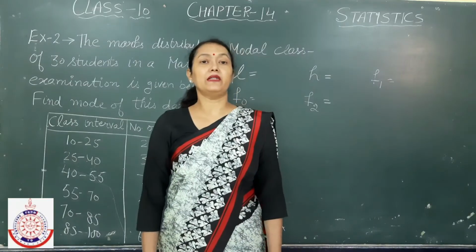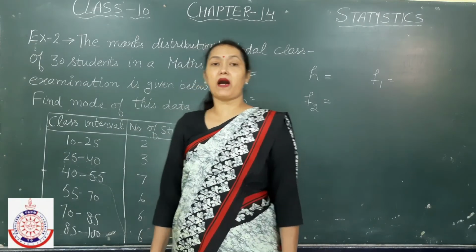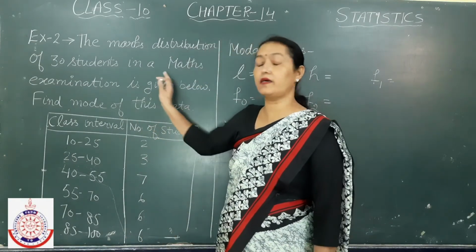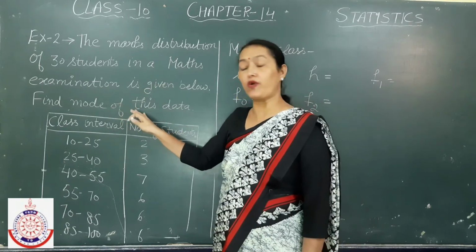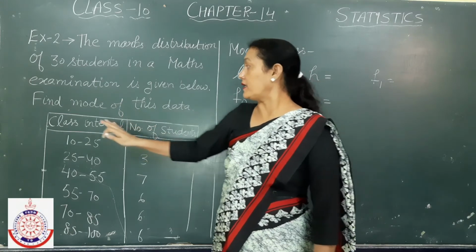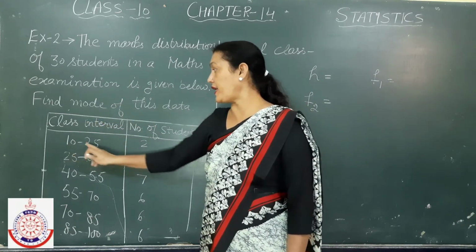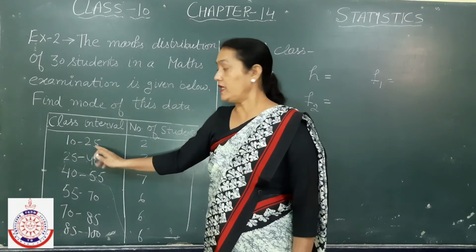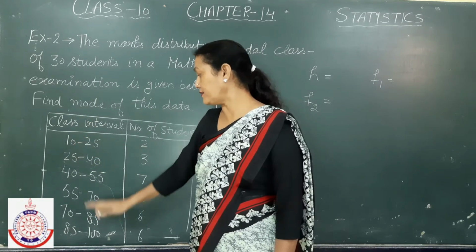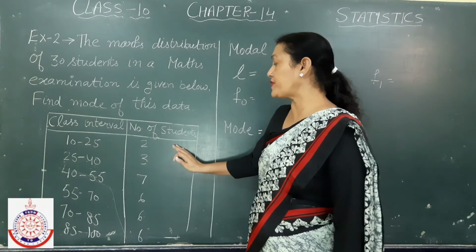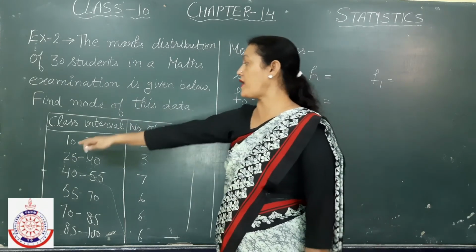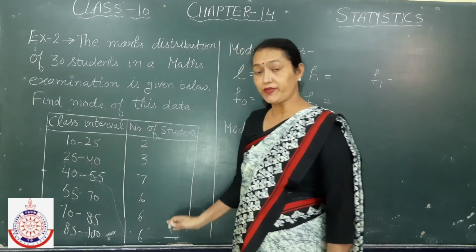In another example, they have given us the marks of 30 students in a maths test, and they are telling us to calculate the mode of this data. Class intervals have a gap of 15. Starting from the marks 10, the marks are given up to 100. The corresponding number of students is given, like 2 students have got marks between 10 and 25 and so on.